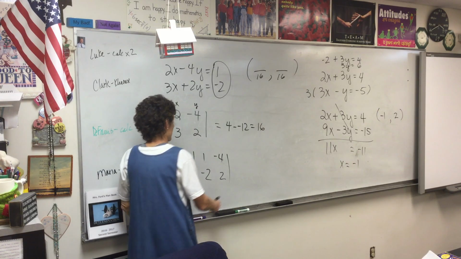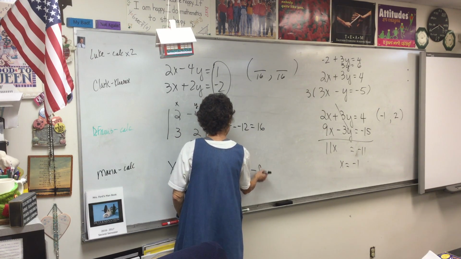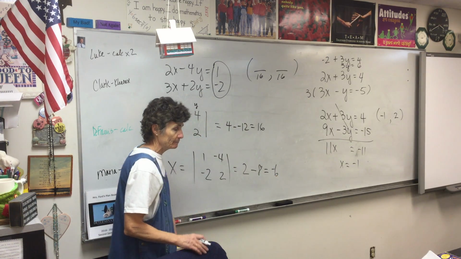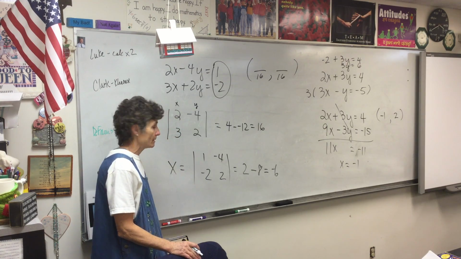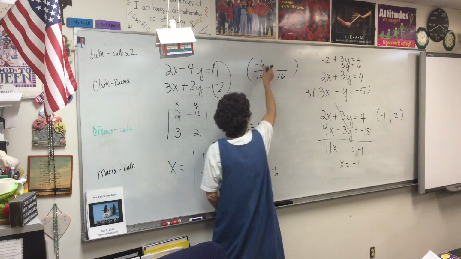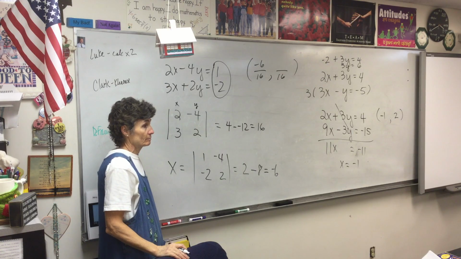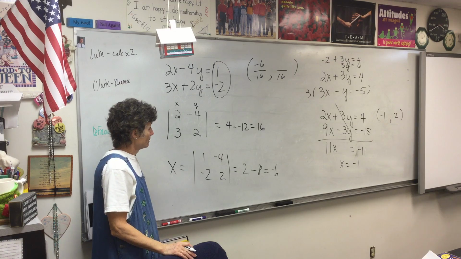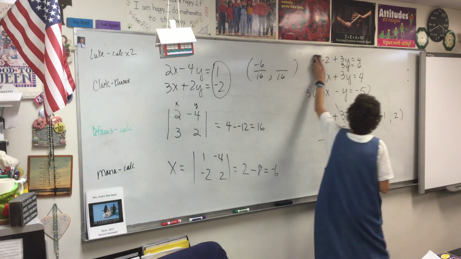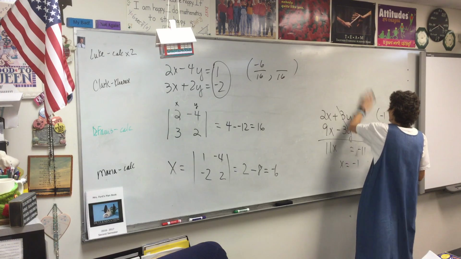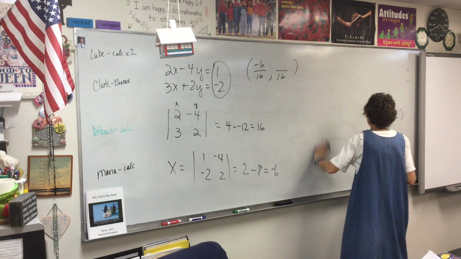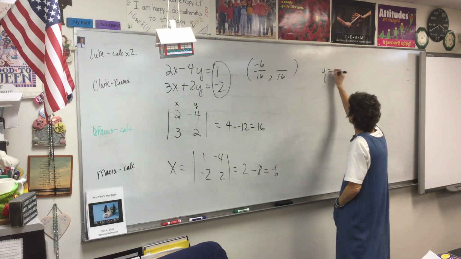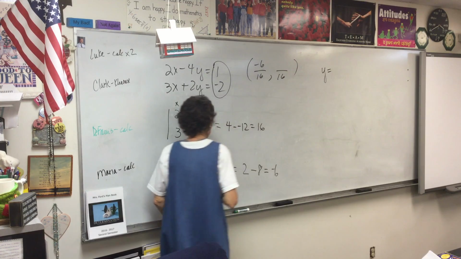So 2 minus 8. I got negative 6. Did I do that right? So my x is negative 6. I know that reduces. I'll get it in a minute. Now I gotta find my y. How do I find my y?